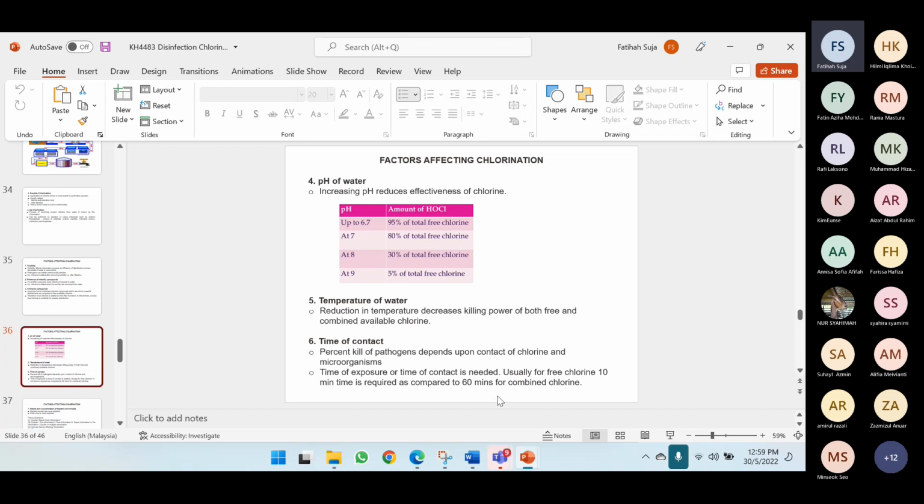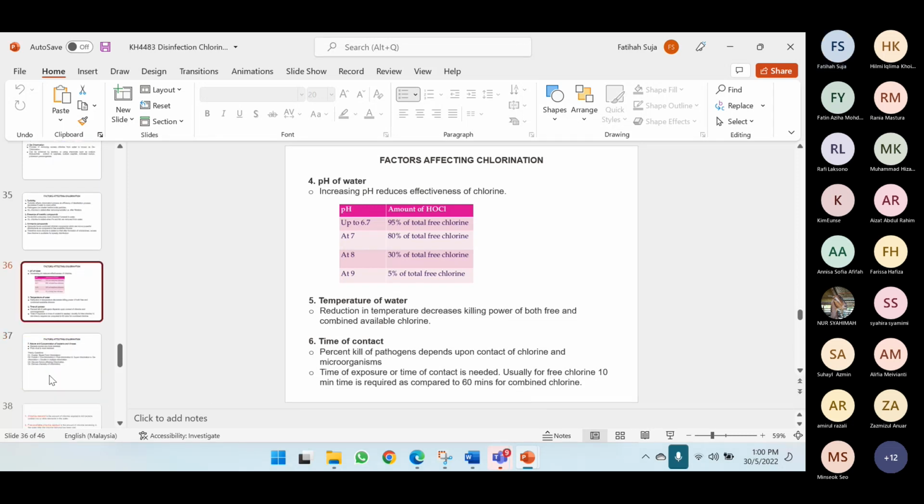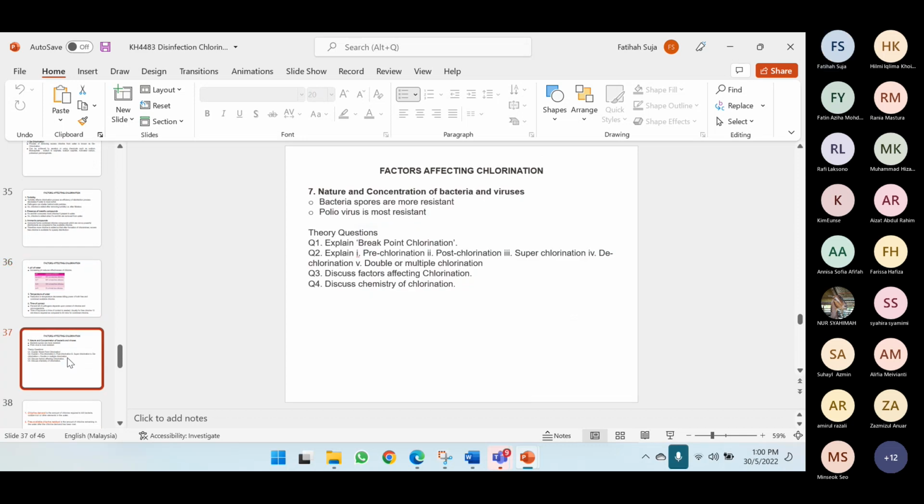So to be safe, if you have ammonia in your water, then you need 60 minutes because the time of contact is about 60 minutes for combined chlorine. Okay. Again, factors affecting chlorination, nature and concentration of bacteria and viruses. Bacteria spores are more resistant. Poliovirus is most resistant.